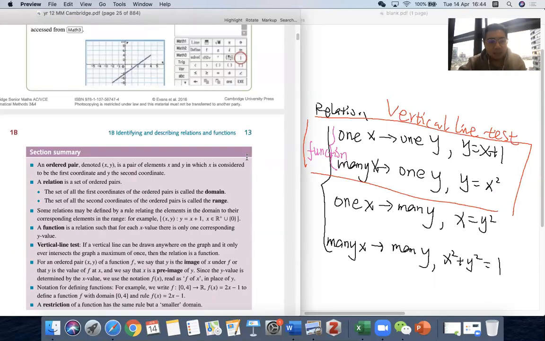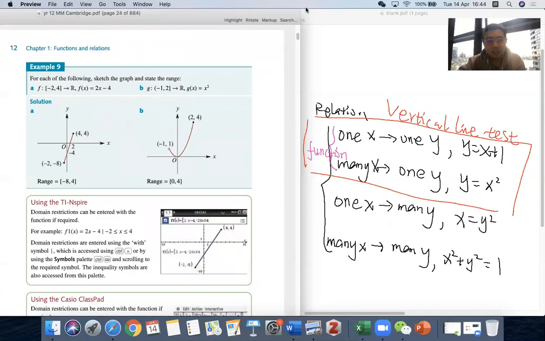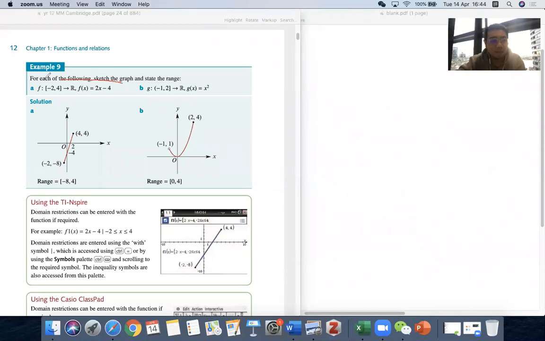And in here, for 1B, the last point I want to emphasize, which is pretty important, is this notation. Page 12, example 9. In your final year exam, your function normally is given in this way: f, colon, this arrow, R, comma, f(x) equals this.